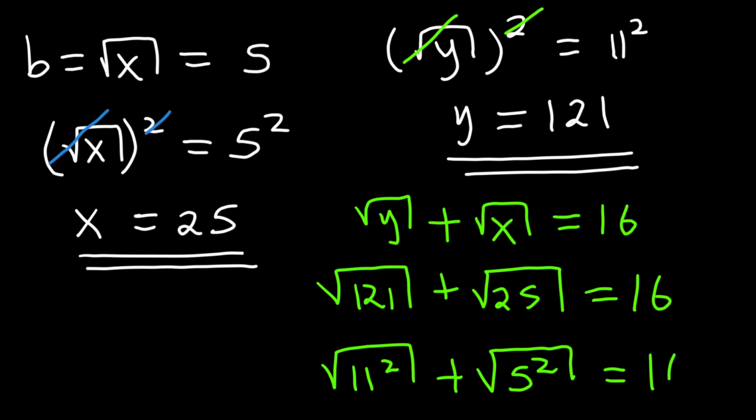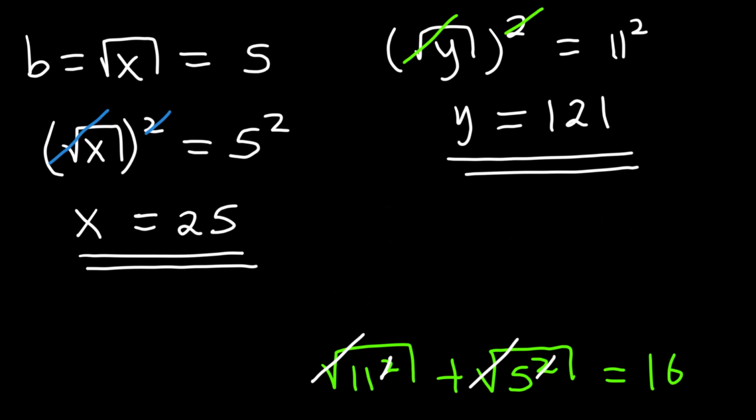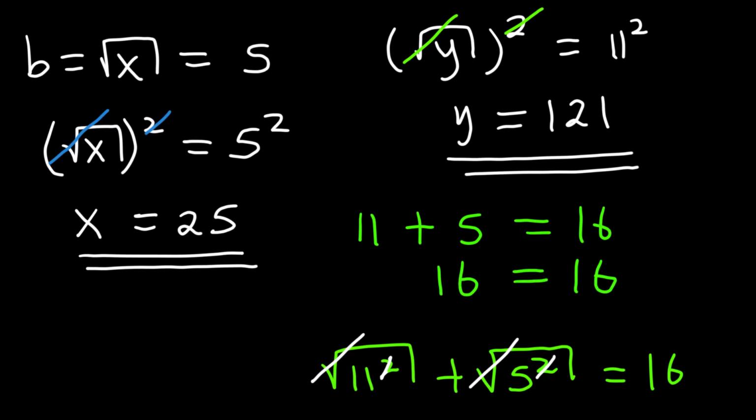This 2 will cancel with the square root, and also this will cancel with the square root. So we shall remain with 11 plus 5 equaling 16, and so 16 will be equal to 16. So the values of x and y are correct.